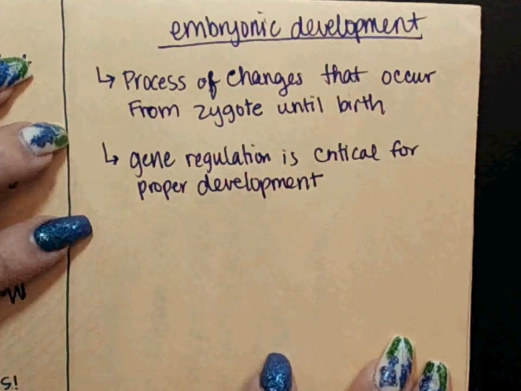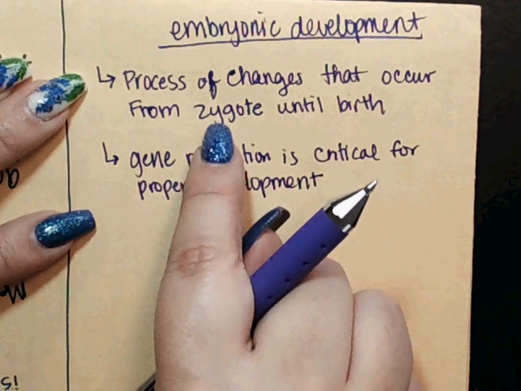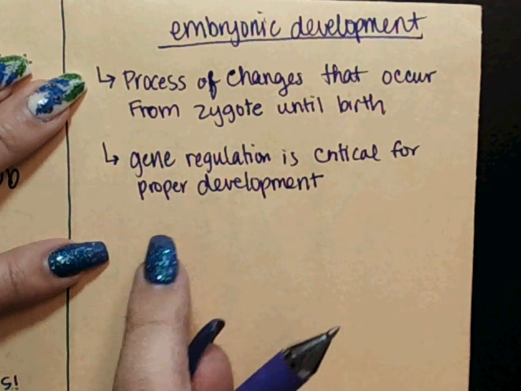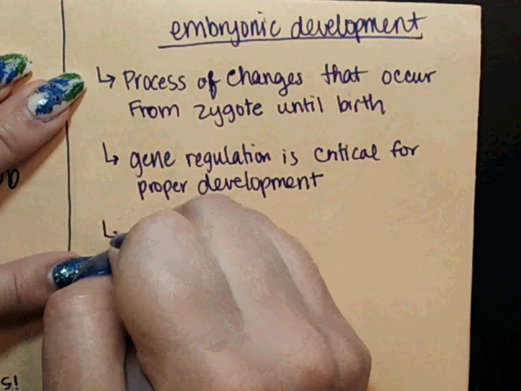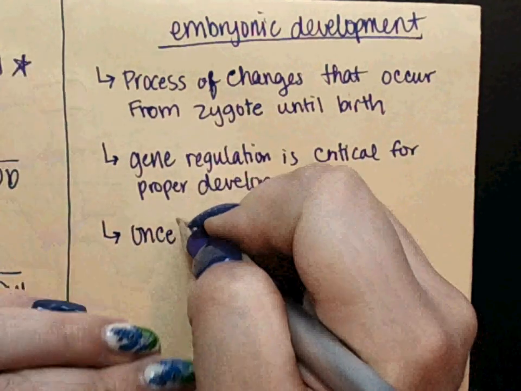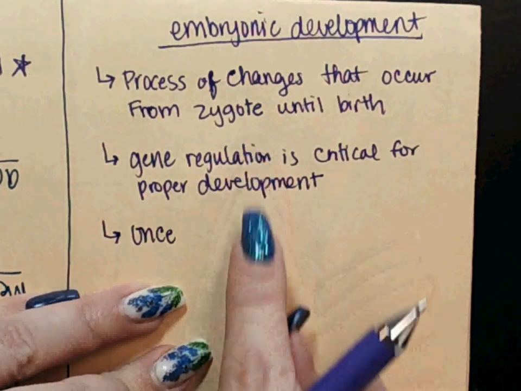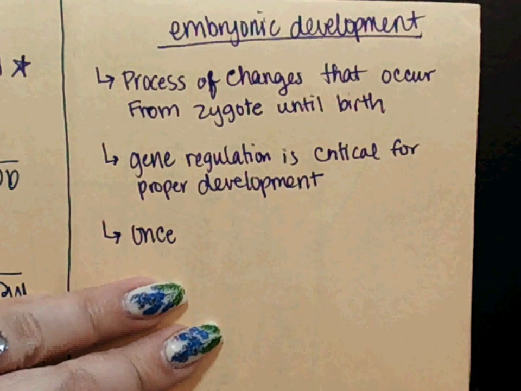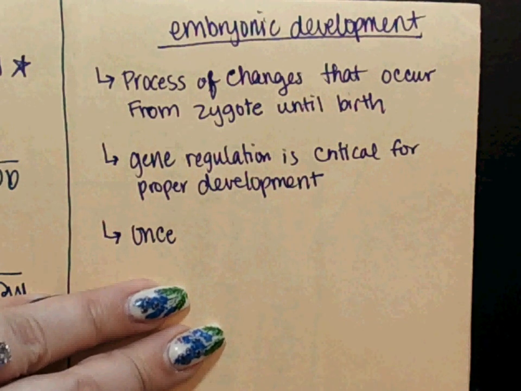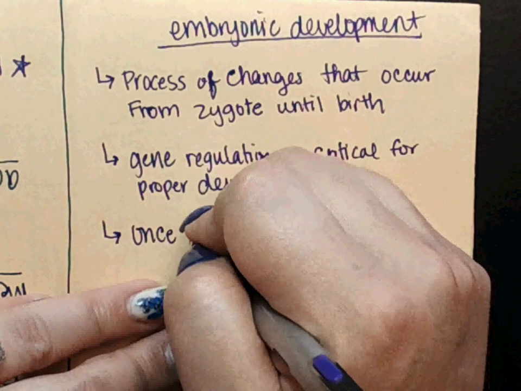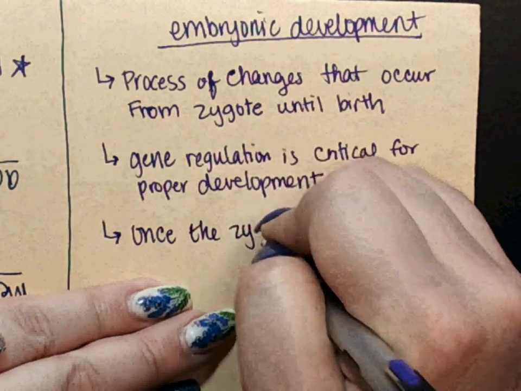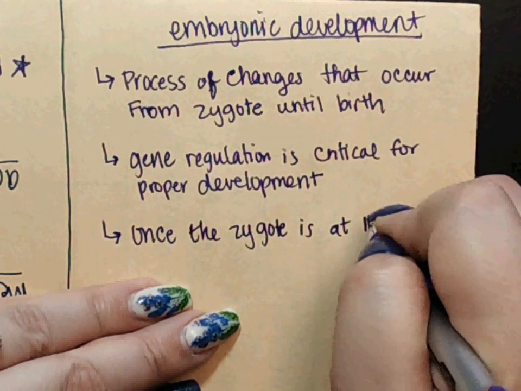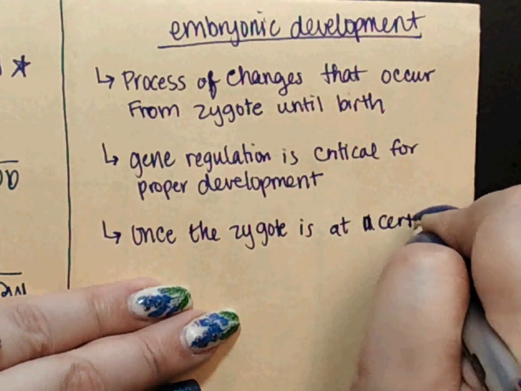Now, the thing about the zygote, that's the egg and sperm, once it has formed, it begins to go through mitosis, and then at some point the cells are going to become specialized. Once the zygote has gotten to a certain number of cells, at that point the cells become specialized and they cannot be turned back into what we call stem cells.